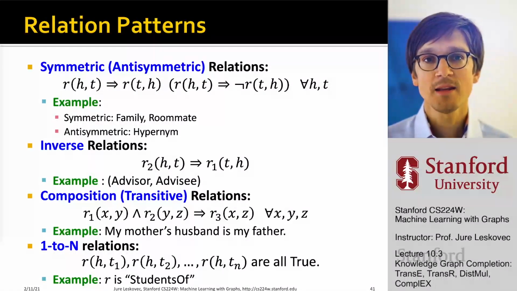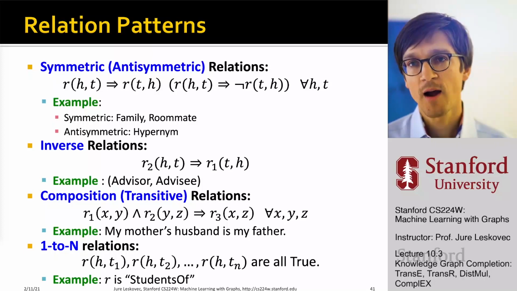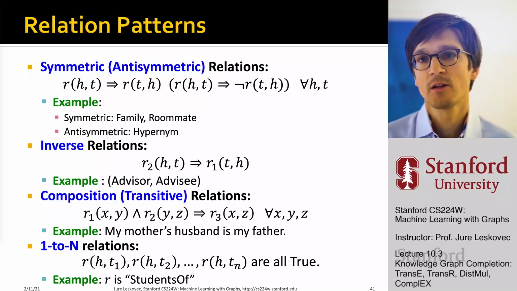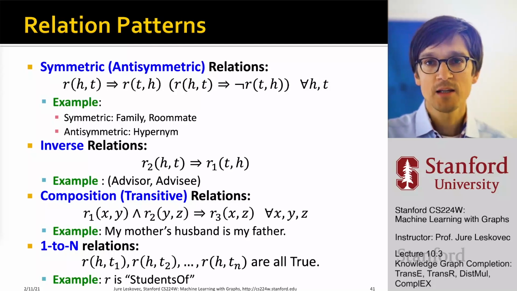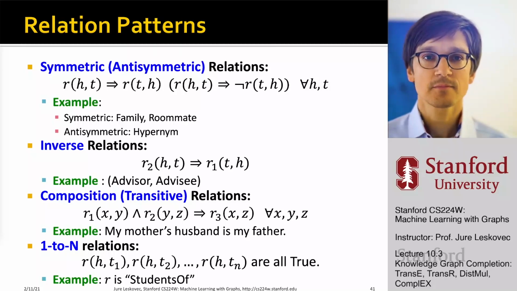First is symmetric and anti-symmetric relations, right? Like family, roommate are what we call symmetric because they are reciprocal, right? If I'm your roommate, you are also my roommate. It cannot be only one way. Anti-symmetric would be part of, hyponym. So it's basically one is in relation with the other, but not the other way.